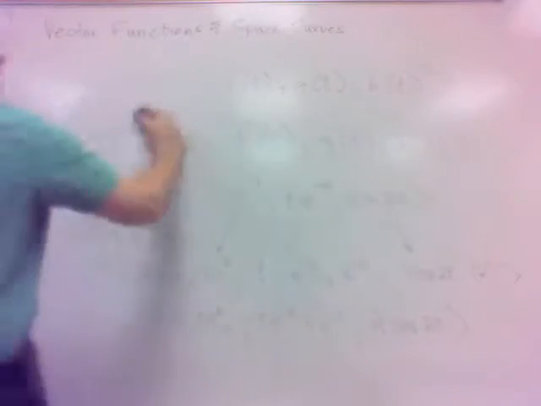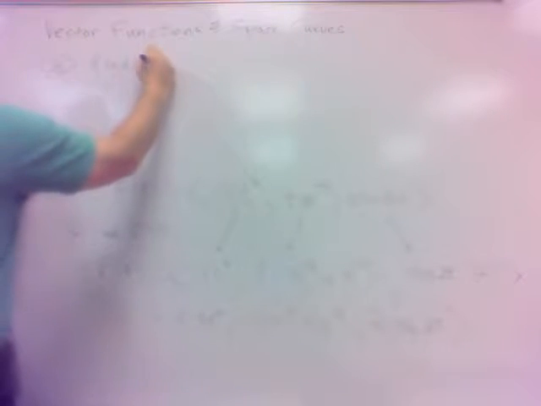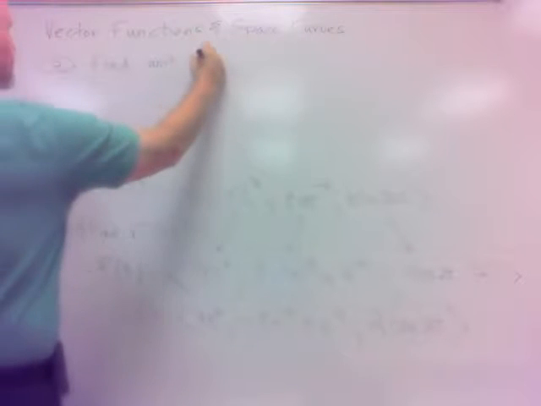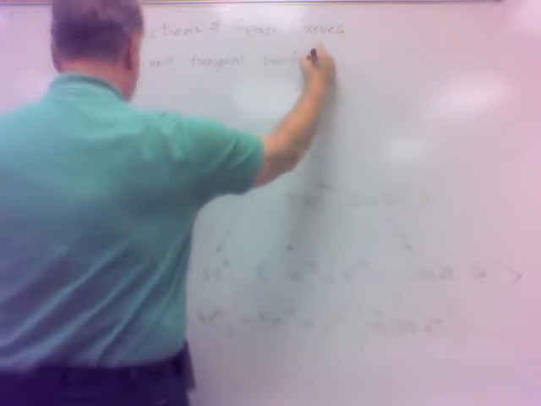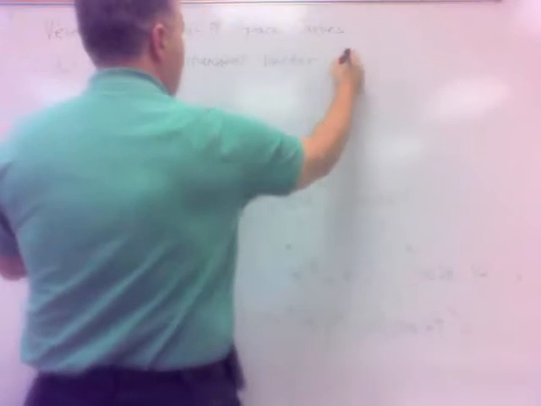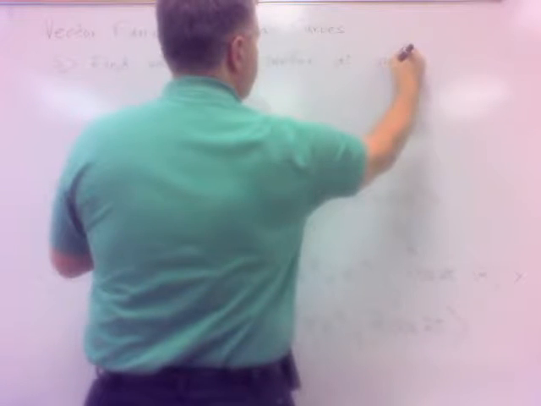All right, then part 2 of that. Let's find the unit tangent vector at the point where t equals 0.